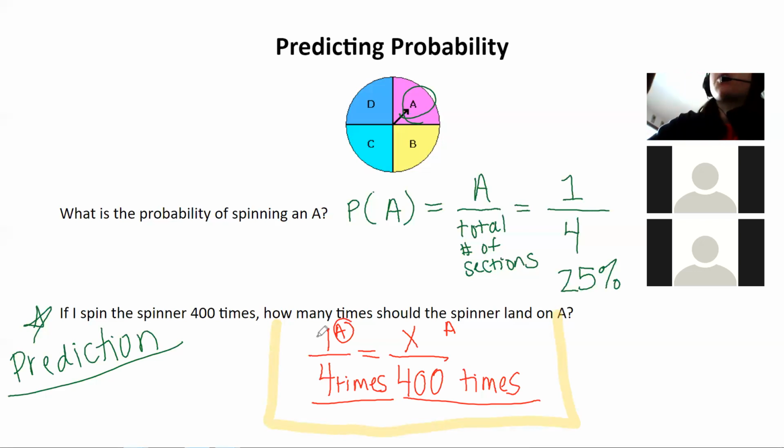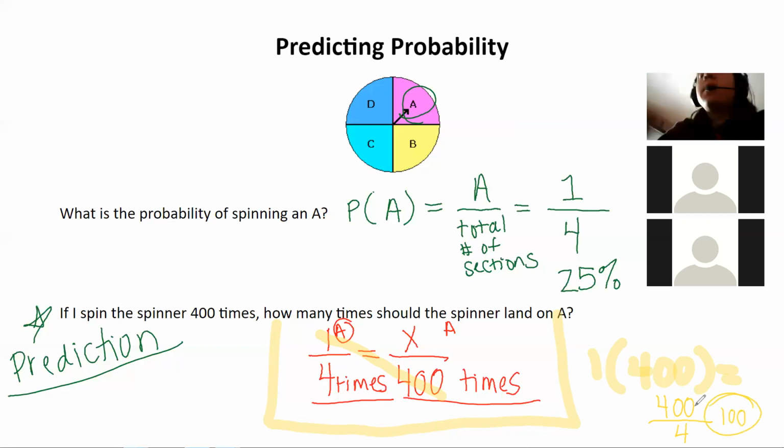Yeah, good. I would go 1 times 400, which gives us 400. And then I would divide by what number? Yeah, I would divide by 4. That gives me 100.